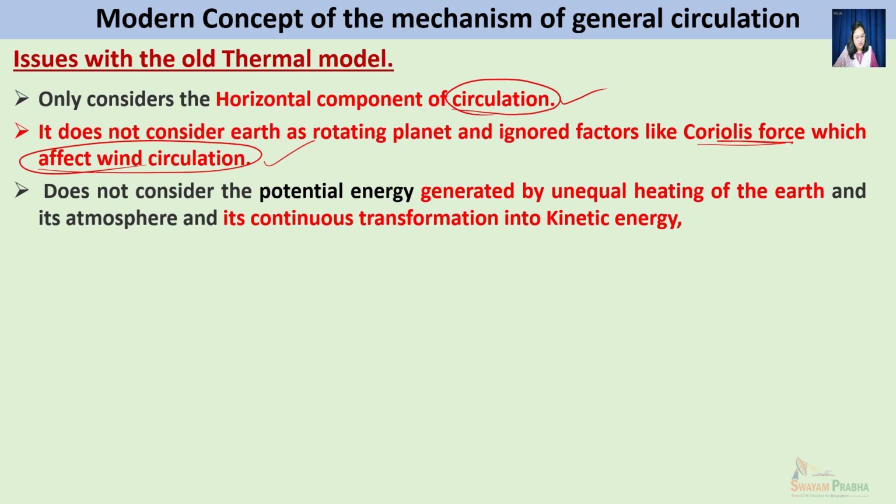And also it did not consider the potential energy which was generated by the unequal heating of Earth and its atmosphere and its continuous transformation into kinetic energy.